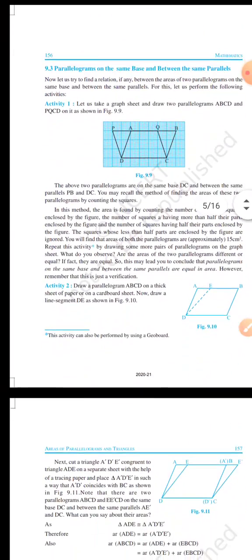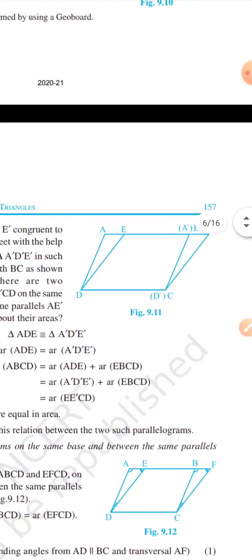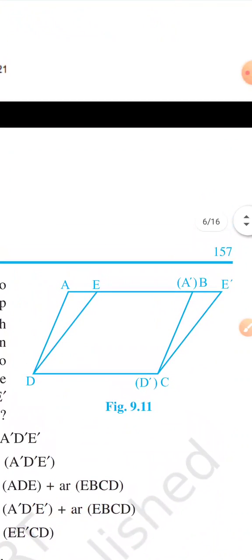Suppose two parallelograms lie on the same base and between the same two parallel lines, then the benefit we are going to get is that the area of both these parallelograms will be equal, right?